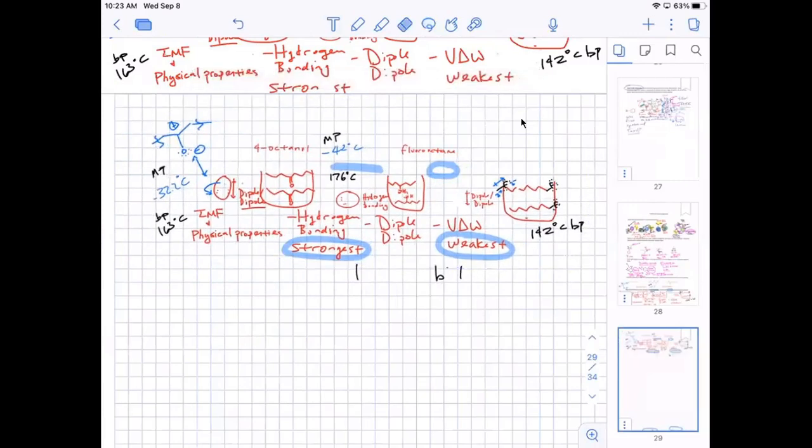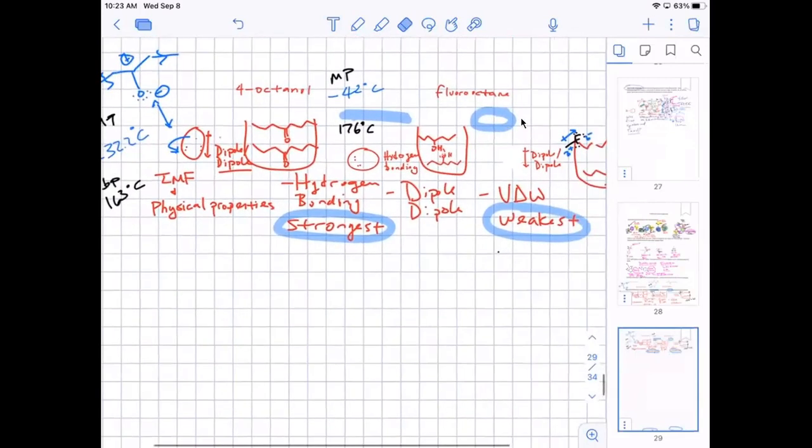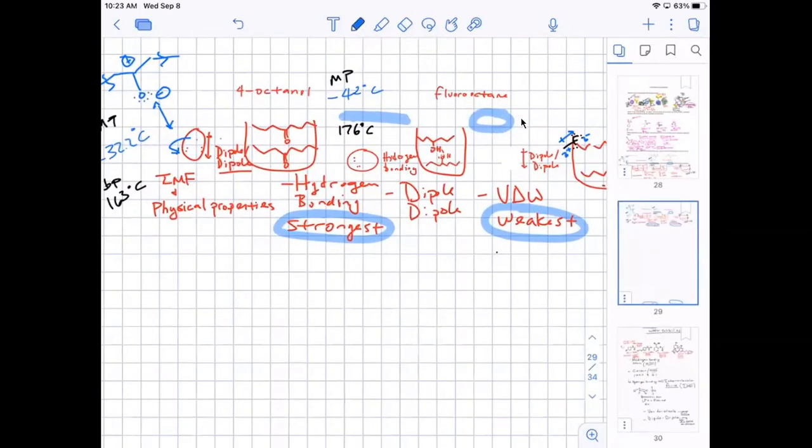All right, let me erase this. All right, so we said with the alcohol, that has the highest boiling point.